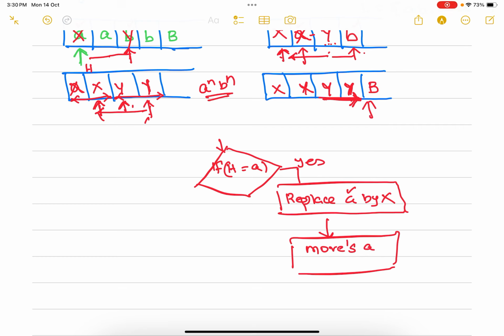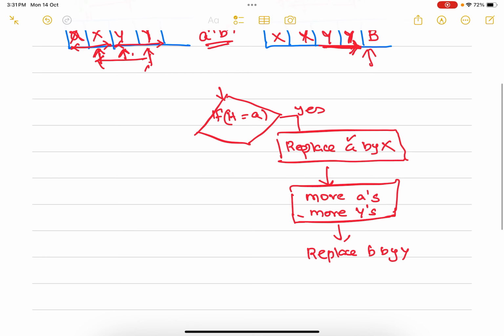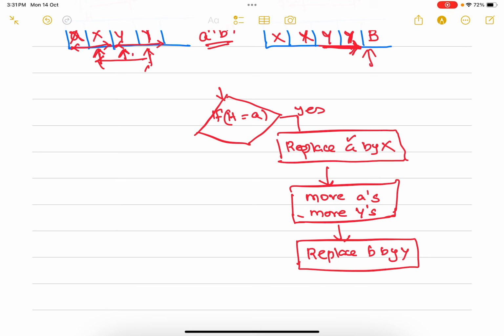So move over all a's. There can also be visited b's, so you move over all a's and visited b's, and after that if you find any b, you replace that b by Y. Once you replace that b by Y, the next step is to traverse backwards and check for the next a.